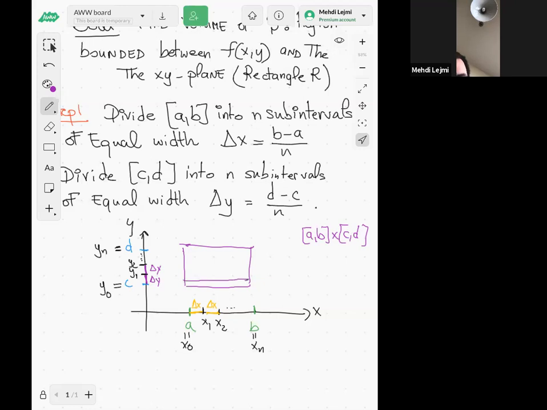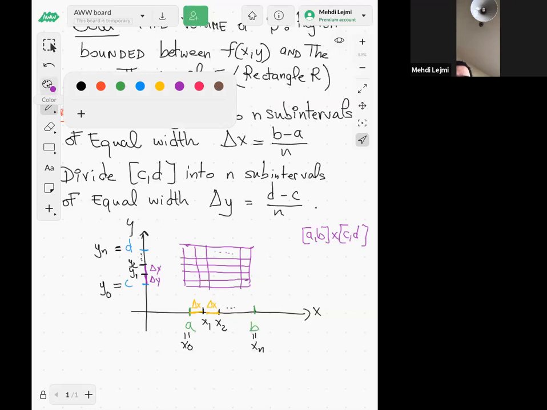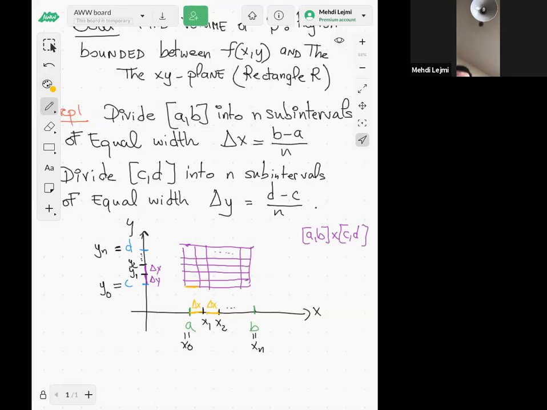For each small rectangle here, the base would be delta x and the height would be delta y.